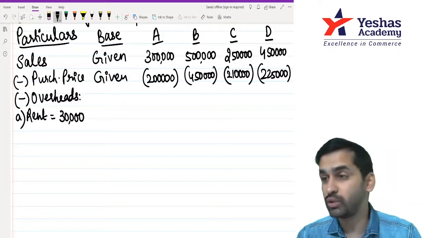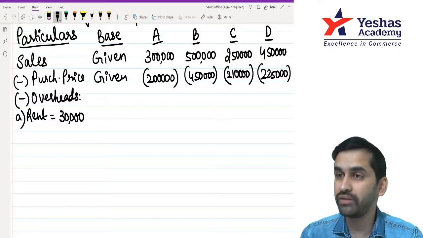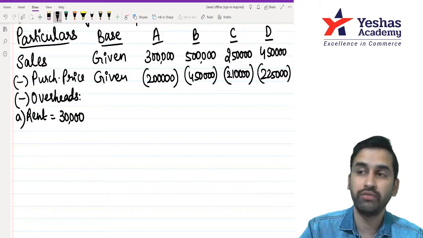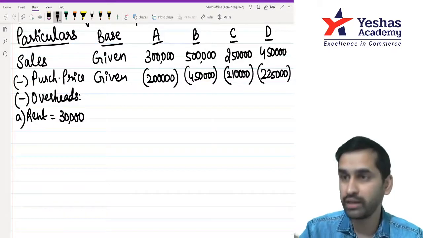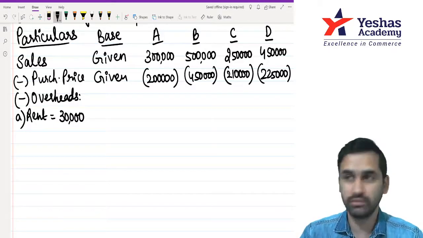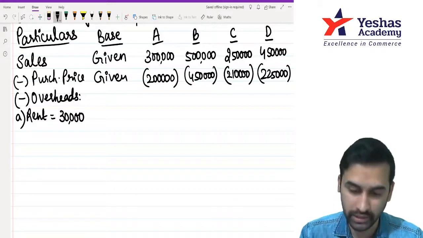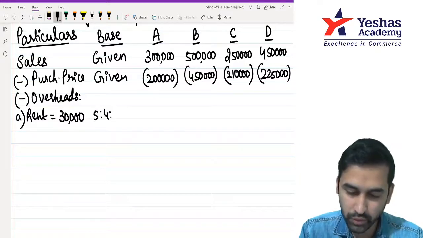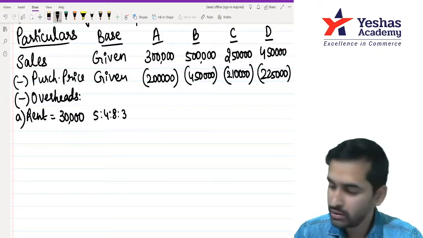And what is the ratio? They said square feet ratio. The square feet ratio in the question is 5483, correct? Go to the first table, third line item, 5483. So 5:4:8:3.